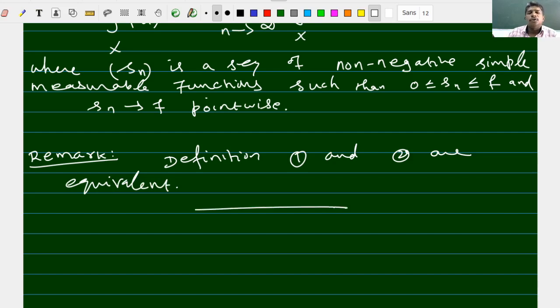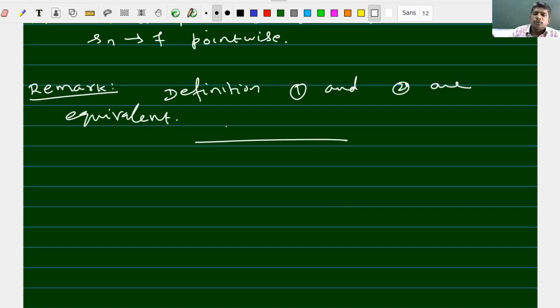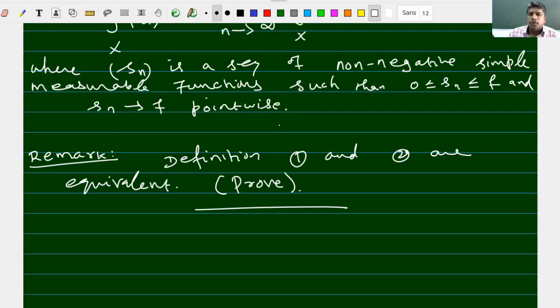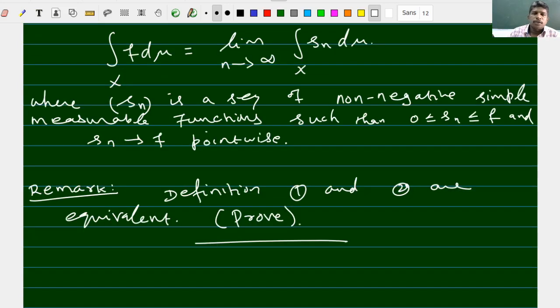If you are interested, you can prove the result. The second definition follows from the approximation of f by simple non-negative measurable functions.